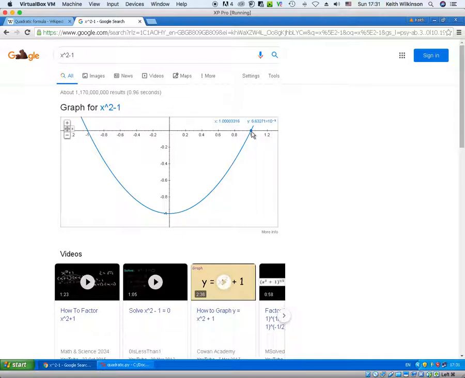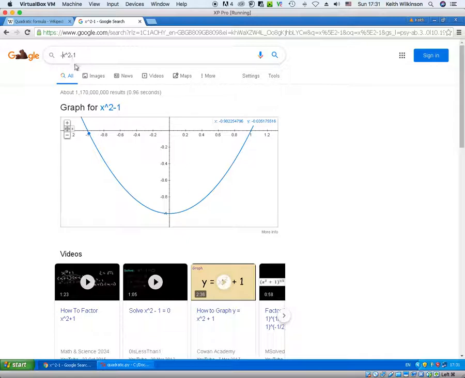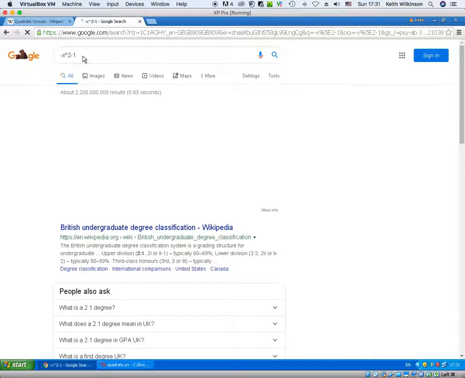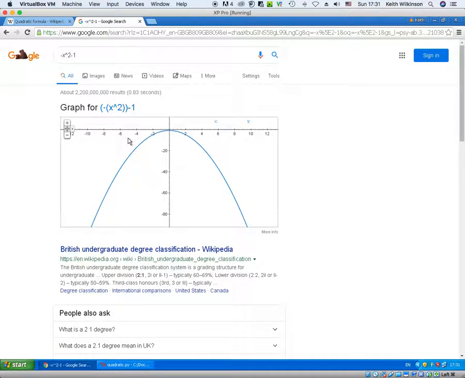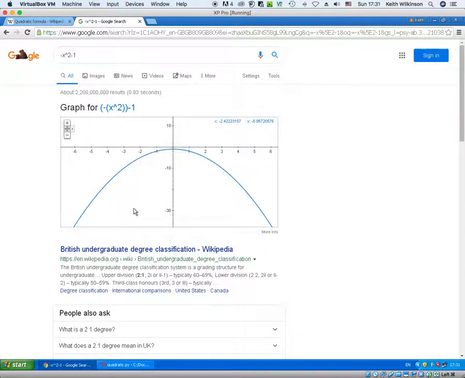So I'm going to use those 3 equations to test this out. Not only that, I'm going to do it upside down. So in other words, I am going to do minus x squared minus 1. So I get the N shape. And let's zoom in a little bit and drag it down so that you can see that it doesn't touch the x-axis at all, doesn't give us any roots.